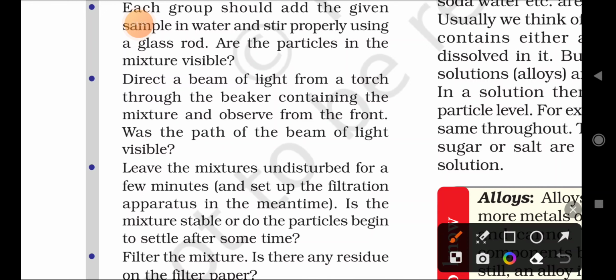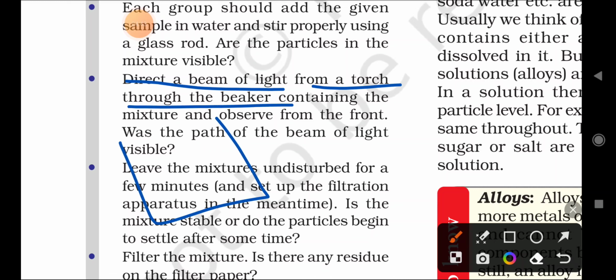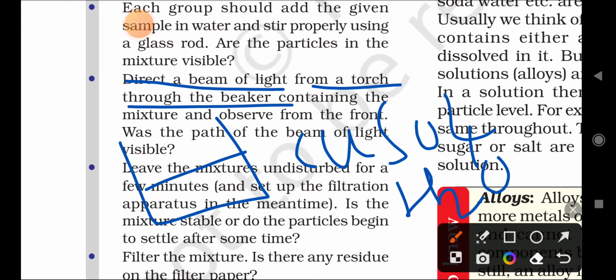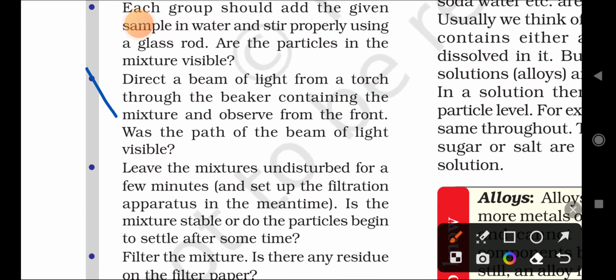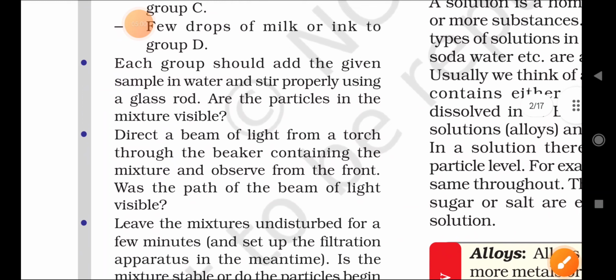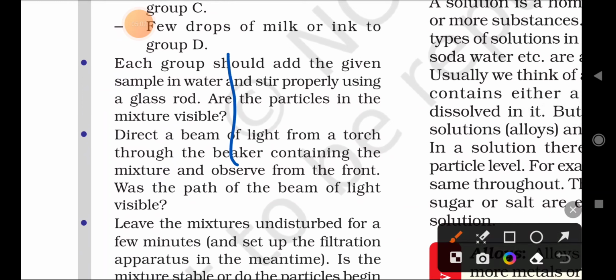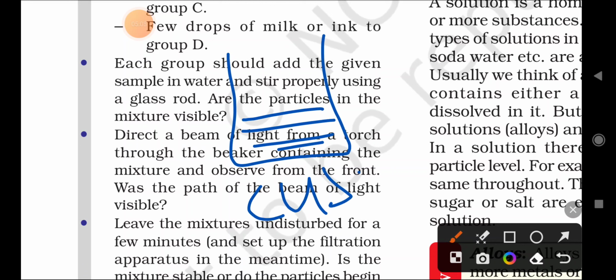After mixing the four substances with water, direct a beam of light from a torch through a beaker. For example, this beaker contains copper sulfate plus water, and you have to pass the beam of light through it.